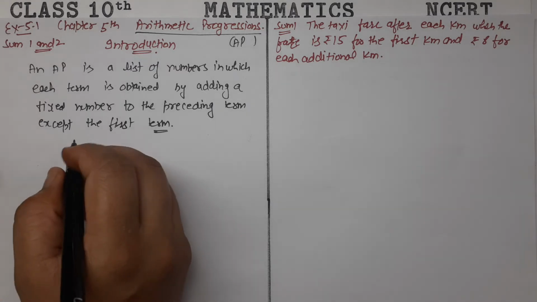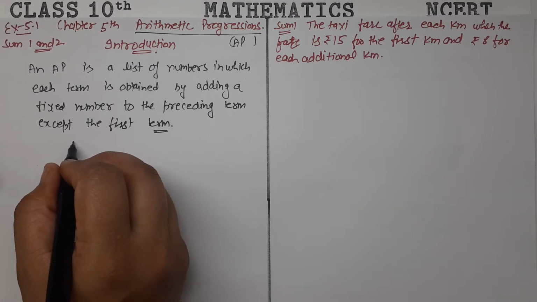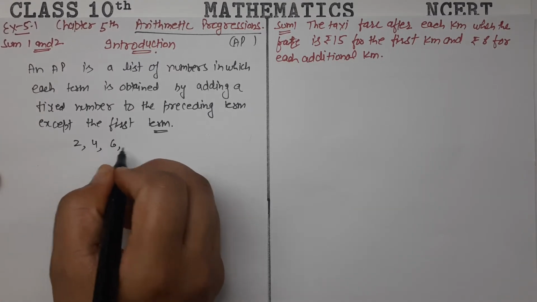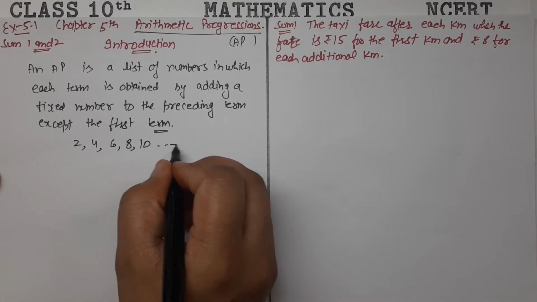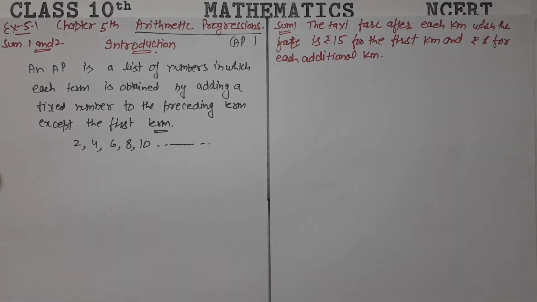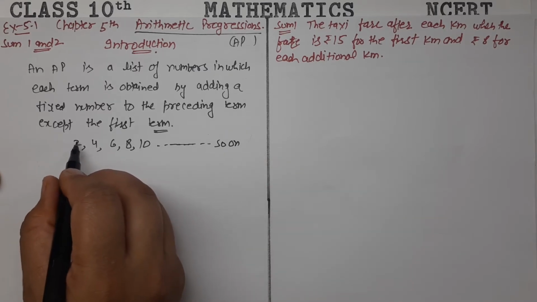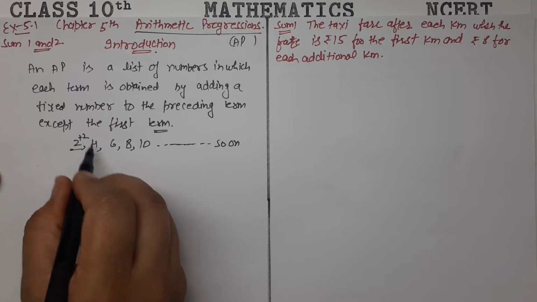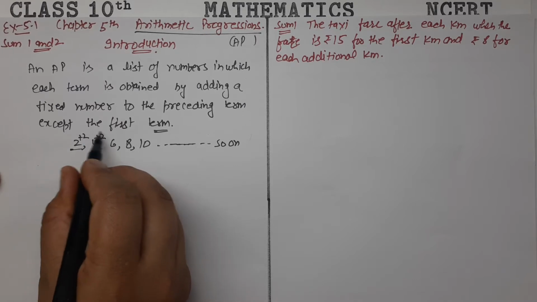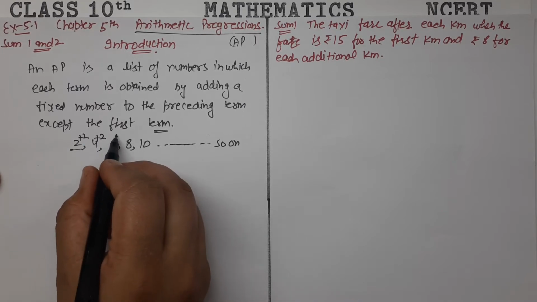For example, let the terms be 2, 4, 6, 8, 10 and so on. First term is 2. When we add 2, it becomes 4. Again 2, it becomes 6.